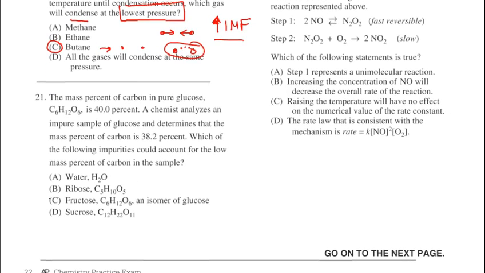The mass percent of carbon in pure glucose is 40%. Now, anytime you're dealing with mass percentages, I think immediately of the empirical lowest ratio formula. We cannot in the lab use percentages any other way.